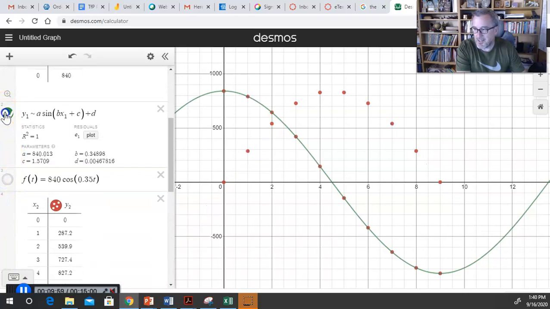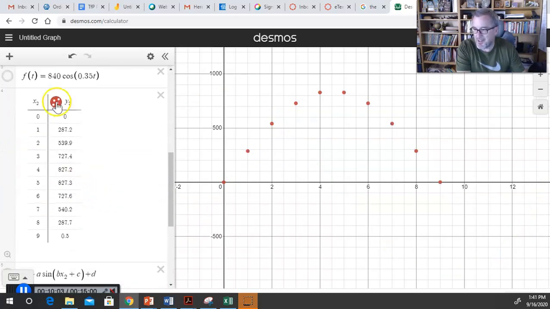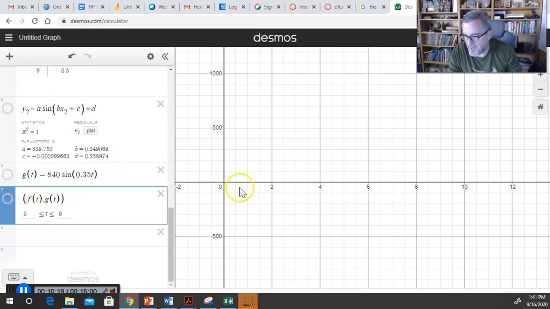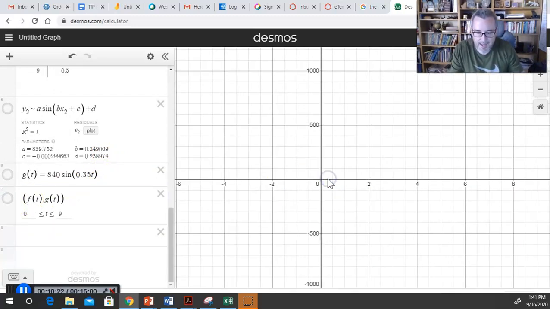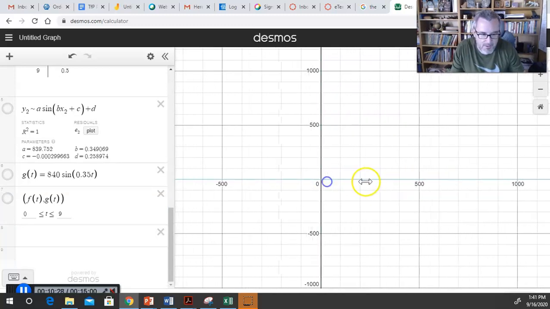Okay, so let me turn off everything else. The second thing I wanted you to know about why sines and cosines matter here is that when you put sines and cosines together, maybe you can imagine from a unit circle, cosine of theta is this length, and sine of theta is this length. And so when you put cosine, comma, sine together, you do get a circle. Now remember that was a circle with a radius of 840. So I need to help you to see it.